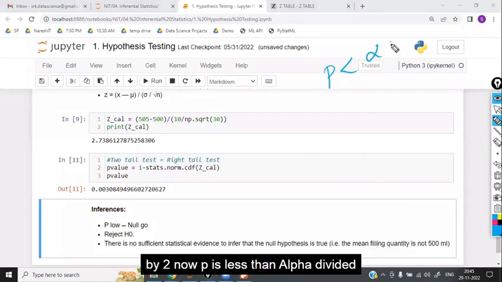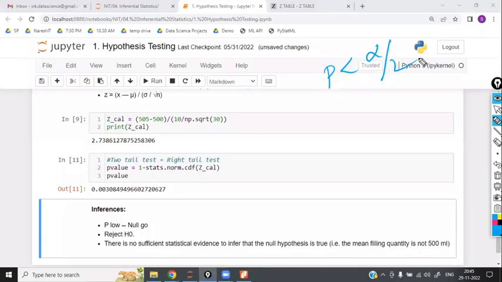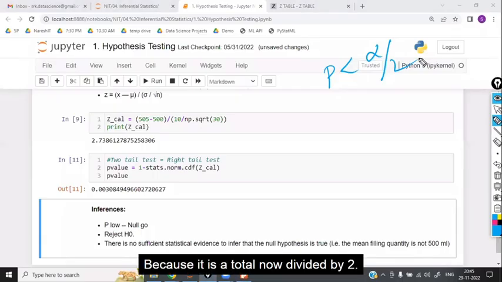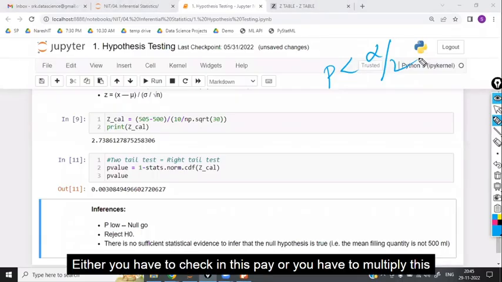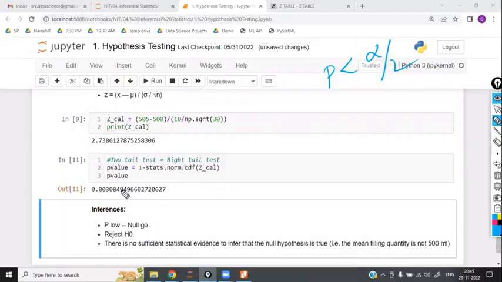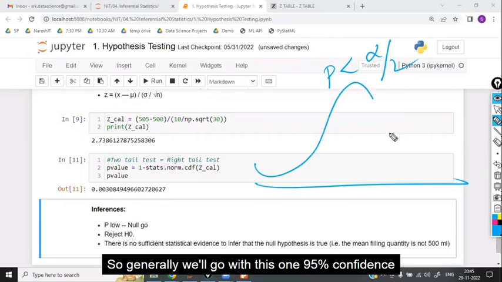Now p is less than alpha divided by 2, not alpha, because it is a two tail. Either check this way, or multiply the value by 2. Either is okay. Generally we go with this one.